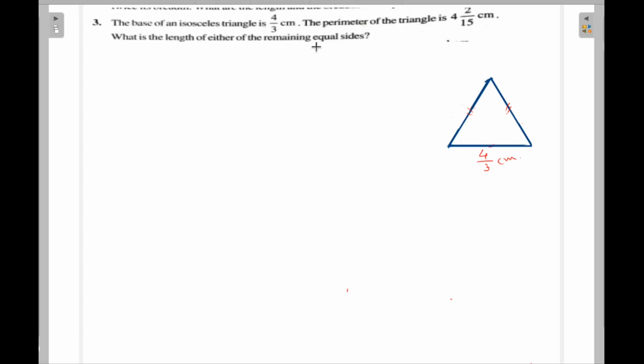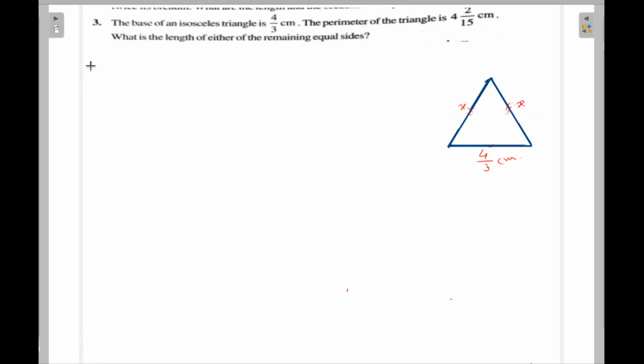Now the perimeter of the triangle is 4 whole 2 by 15 centimeter. What is the length of either of the remaining equal sides? The perimeter of this triangle is also given, that means total outer length is given. So we have to find out the length of the two equal sides. That means if this side is x, this side is also x.